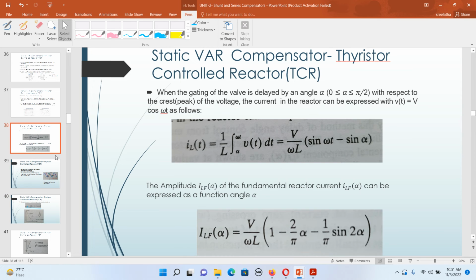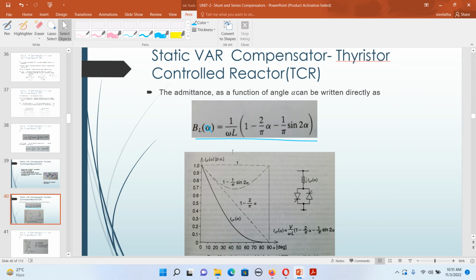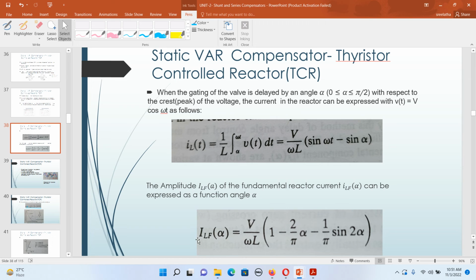It looks very similar to this one. The only difference is 1 by omega L. Why? Because remember this is admittance. If you see V is equal to IR, so I is equal to V by R. So 1 by R is nothing but admittance.